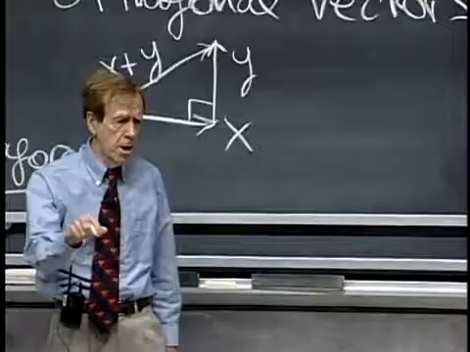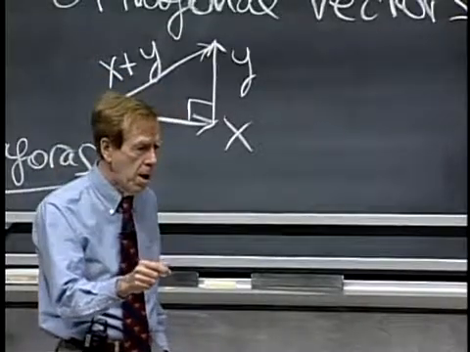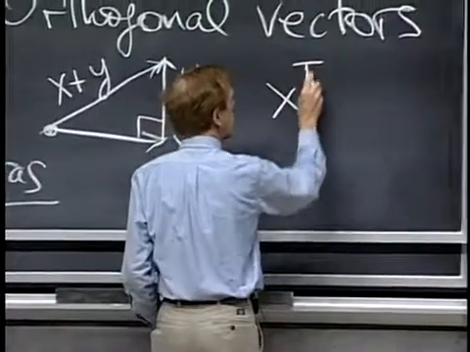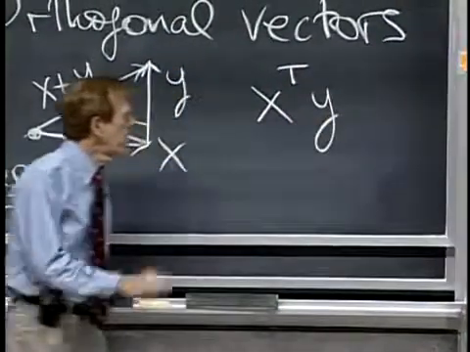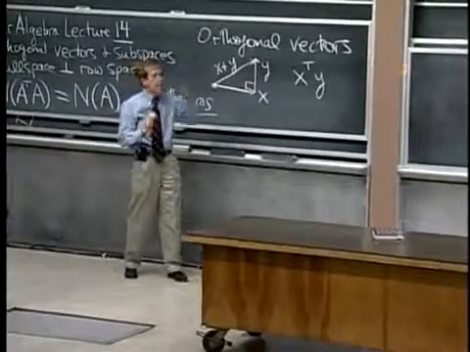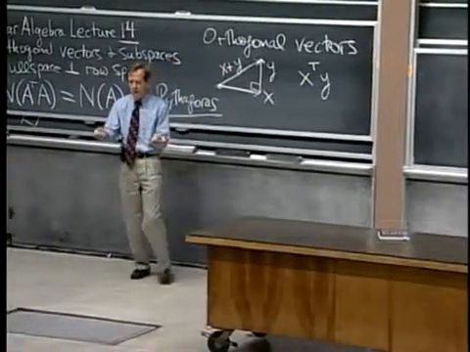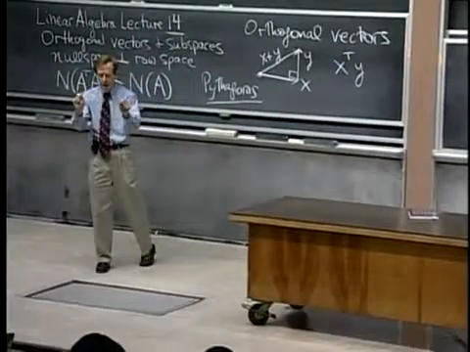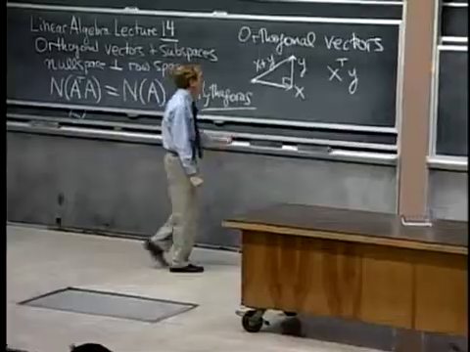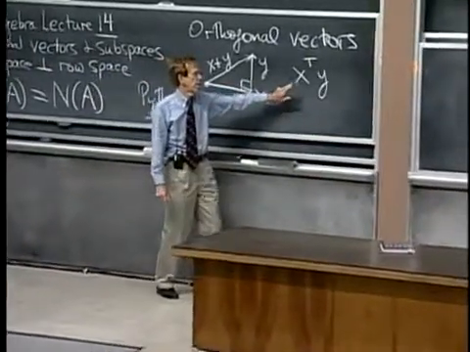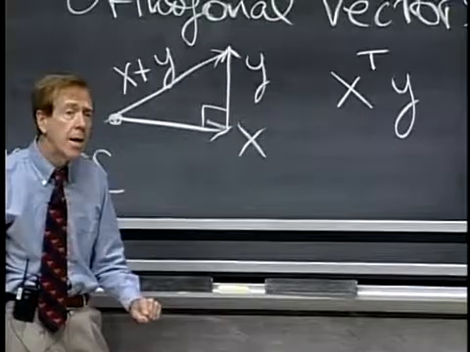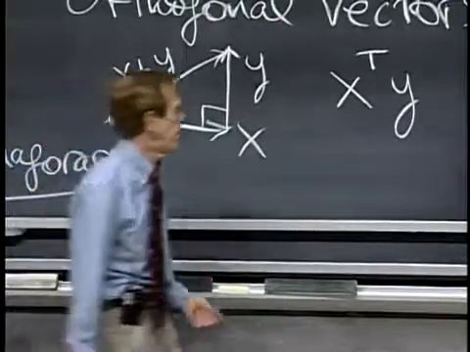I take the dot product, which I tend to write as x transpose y, because that's a row times a column, and that matrix multiplication just gives me the right thing: x1 y1 plus x2 y2, and so on. So these vectors are orthogonal if this result, x transpose y, is 0.